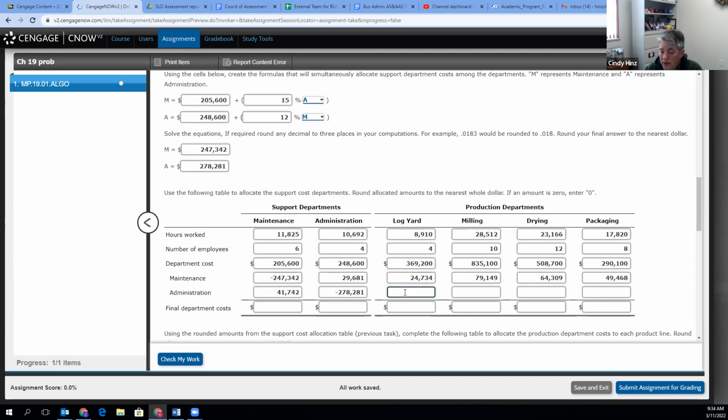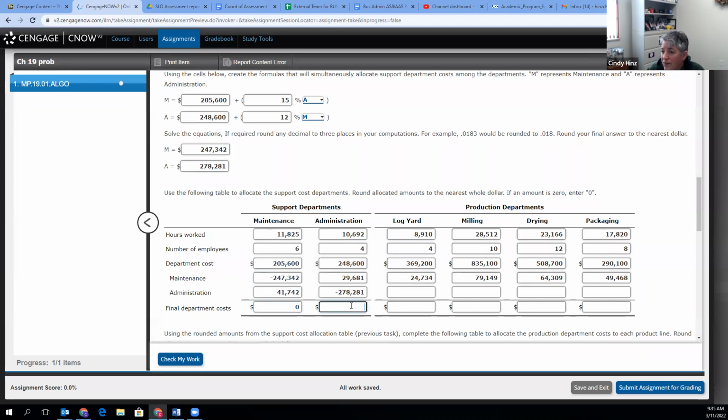I got 41,742. And so we're going to go ahead and do that for each one of the 4 production departments based on those percentages from above. And then the last step will be to add and find the total allocated, your total cost for the departments after allocation. And what you should see is that the support departments are now fully allocated. So when we add this department cost plus the allocation from maintenance and administration, you'll get 0.